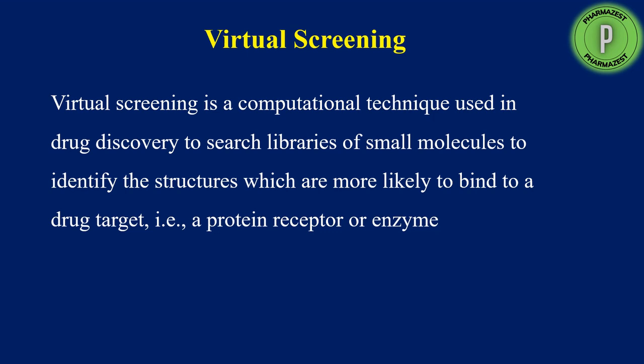So in order to reduce this huge process, we adopt a method called virtual screening. In this we apply different filters so that these millions of compounds are reduced to a manageable size, and these are targeted against the protein in question.